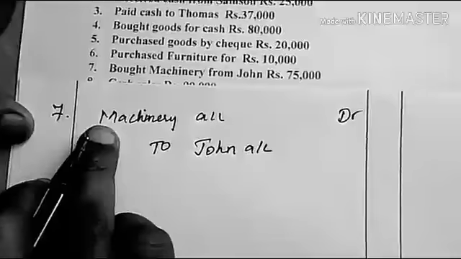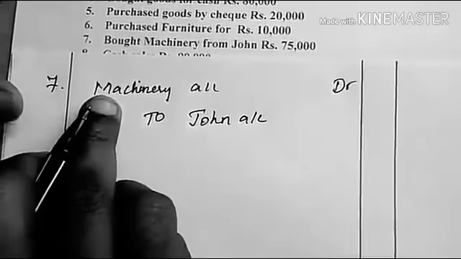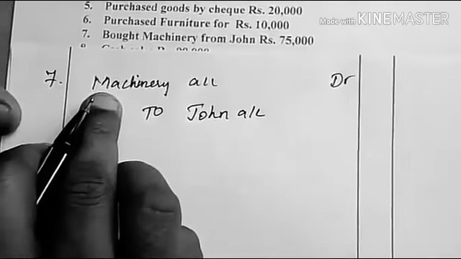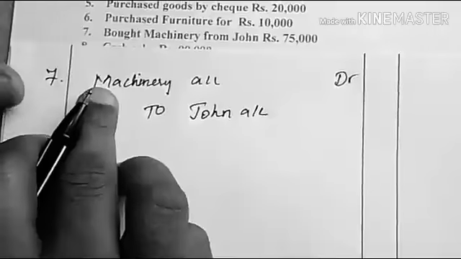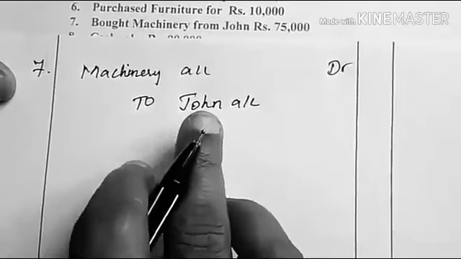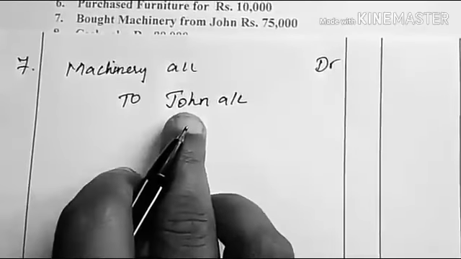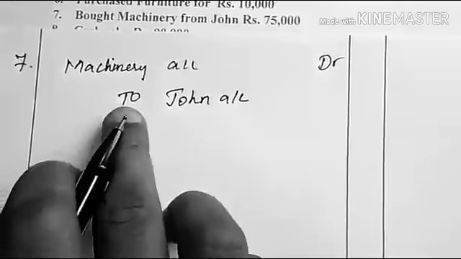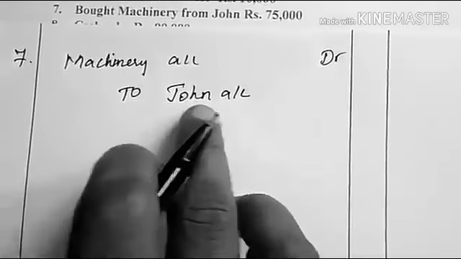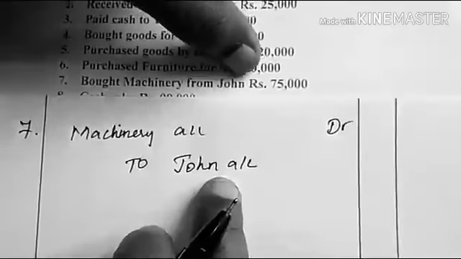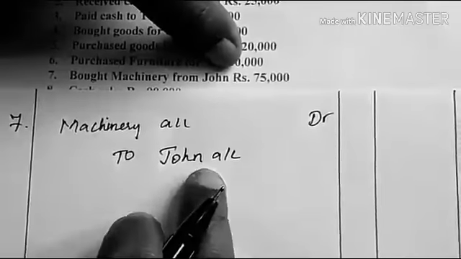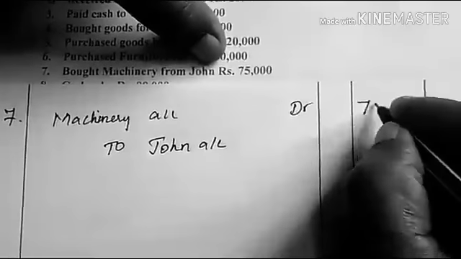So what is the real account rule? Debit what comes in. When you purchase machinery, machinery comes in. John is a personal account. Personal account rule is debit the receiver, credit the giver. Here you have written credit side. So credit the giver because you have bought machinery from John. Okay, how much? 75,000.